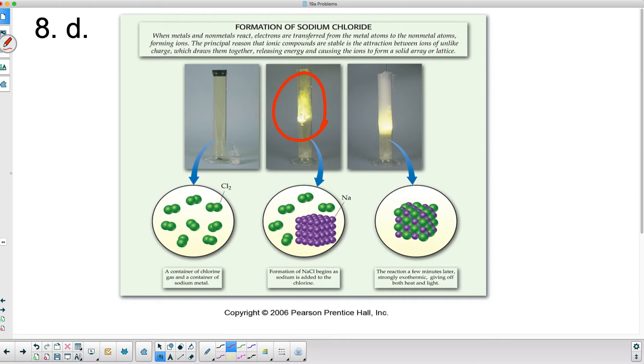That's because when you put two things together and they form bonds, energy is given off. But breaking bonds takes in energy. So forming bonds gives energy off. So that's typically a spontaneous procedure.